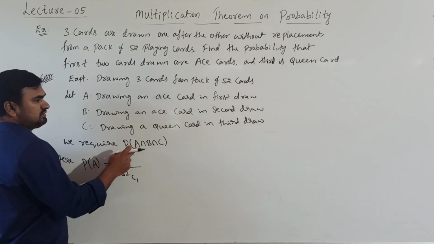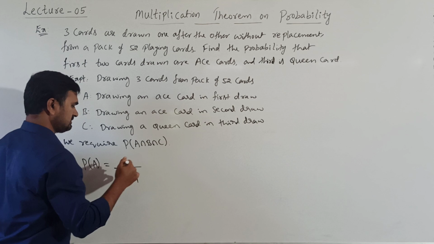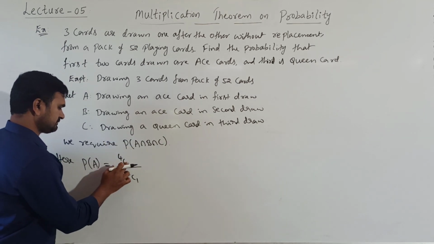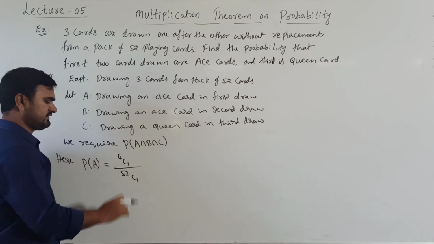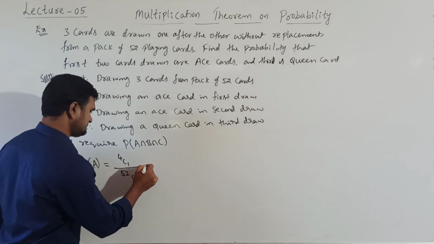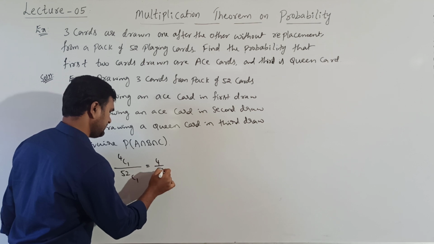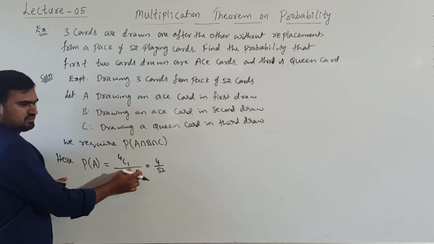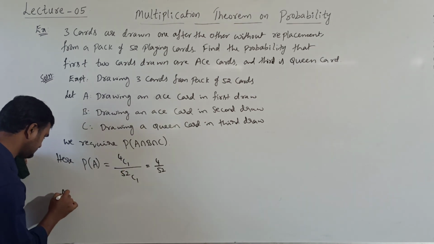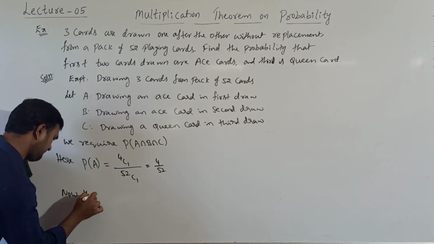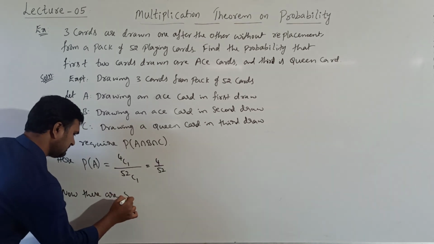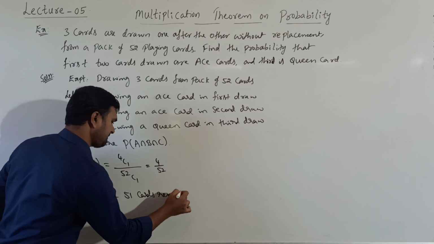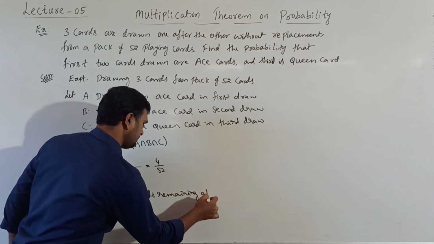How many ace cards are there? 4, so it is 4C1 divided by 52C1, which is 4 by 52. Next, after we have drawn one card, there are now 51 cards remaining after the first draw.